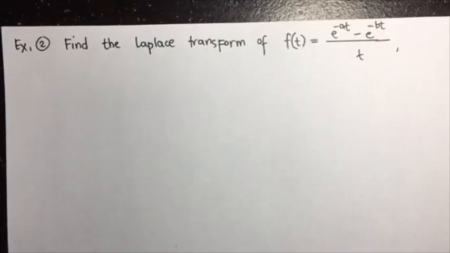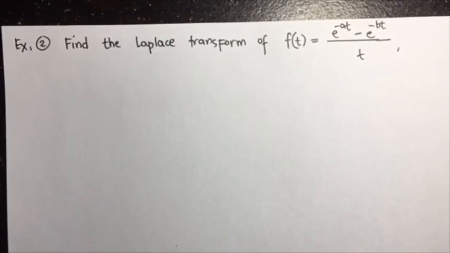Okay, so another example. Find the Laplace transform of the function f of t is equal to e raised to negative at minus e raised to the power of negative bt over t. Let's check if the limit exists.